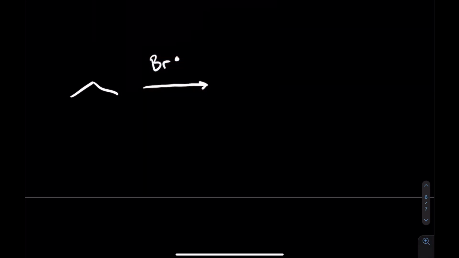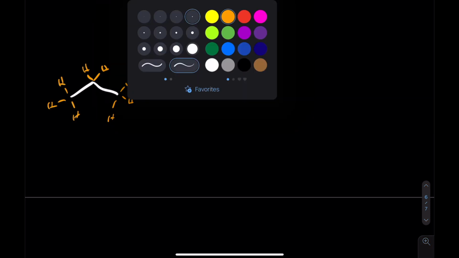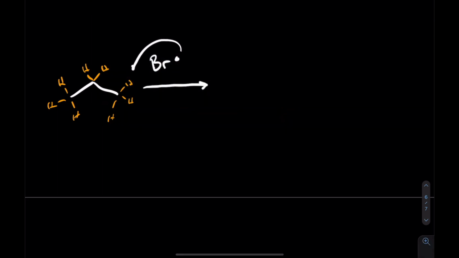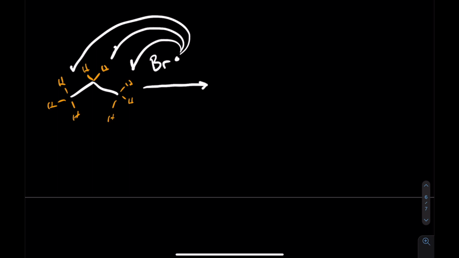Because the next step is going to be the bromine radical abstracting a hydrogen. Per our energy landscape, this bromine radical can go around and sample. It can go pick off one of these, one of those, one of those. Those are essentially our three options.